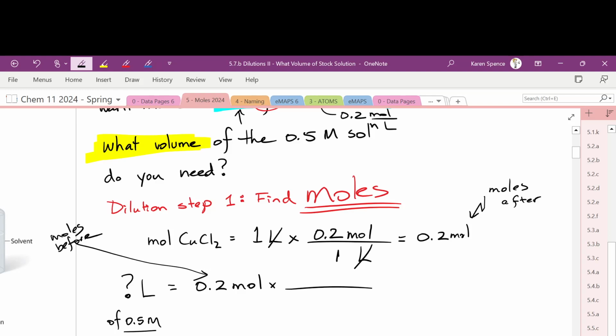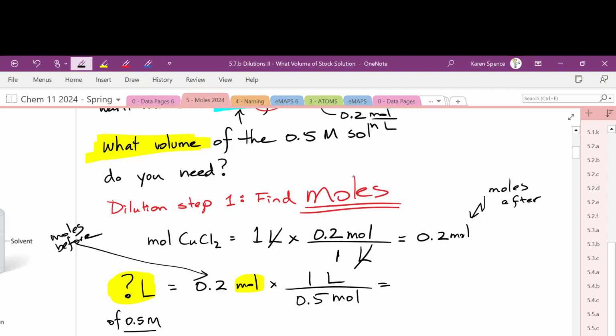Where do the moles go? I want to find the liters. I'm starting with moles. Where do the moles go? On the bottom. Where do the liters go? On the top. And I have 0.5 moles per 1 liter.